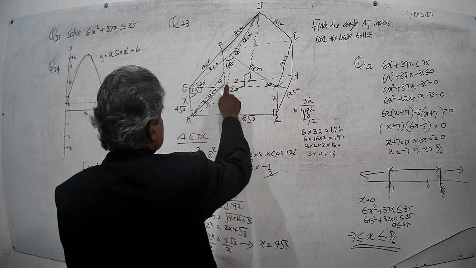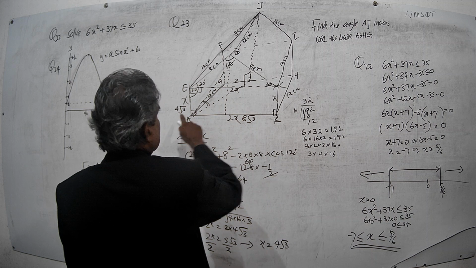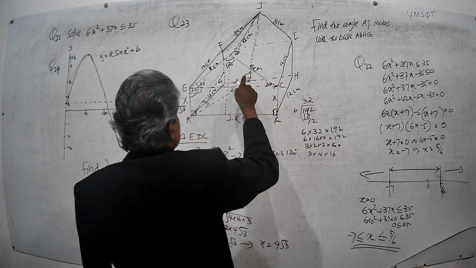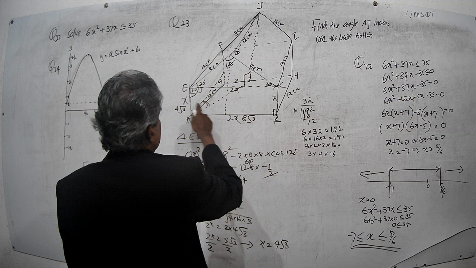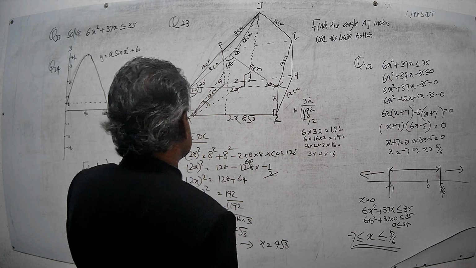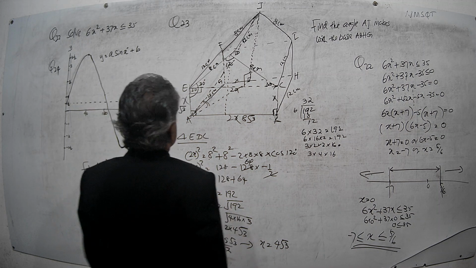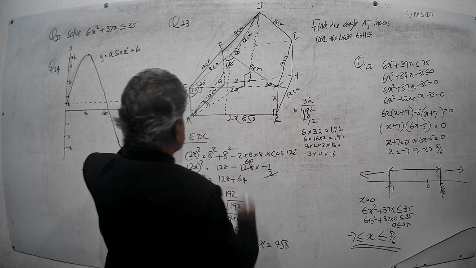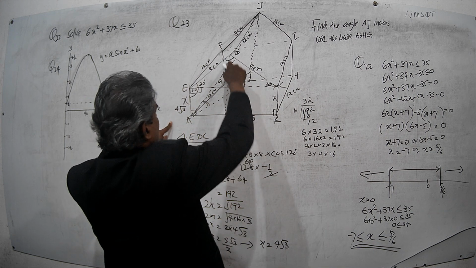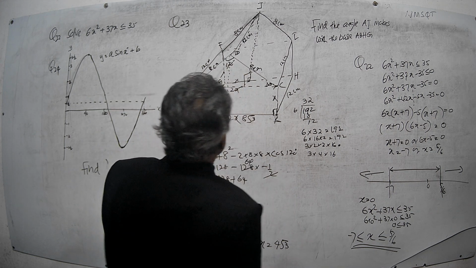Then we know this distance is x. Then if you know this one and this length, we can find this angle. Then we know this x distance, this x. Then we want to find this part.